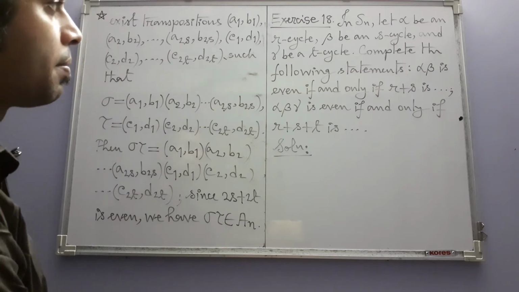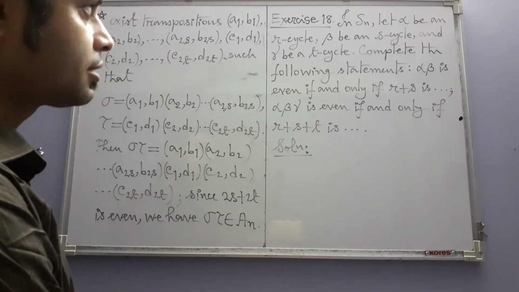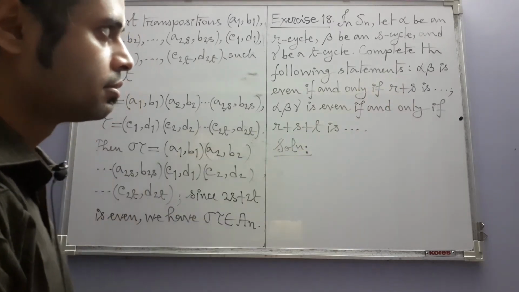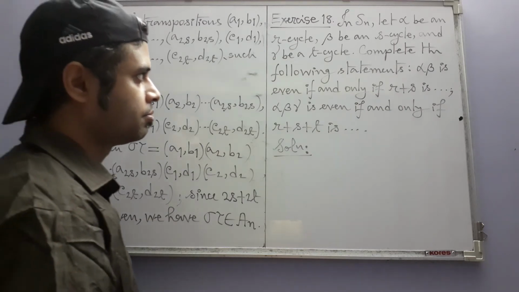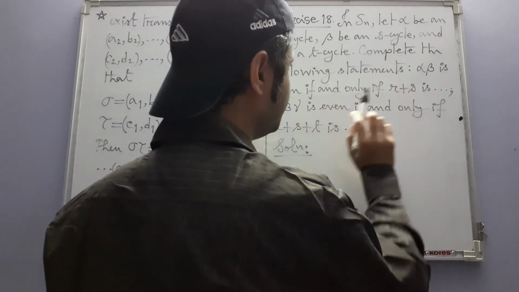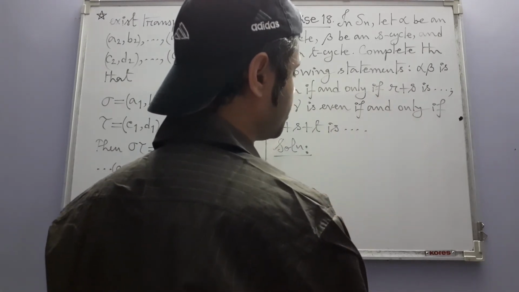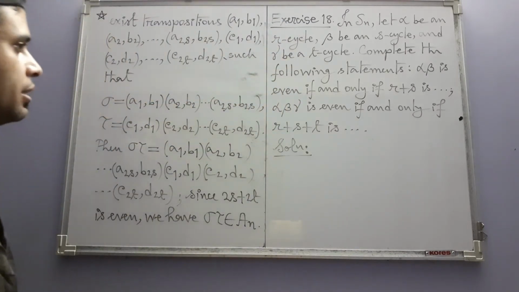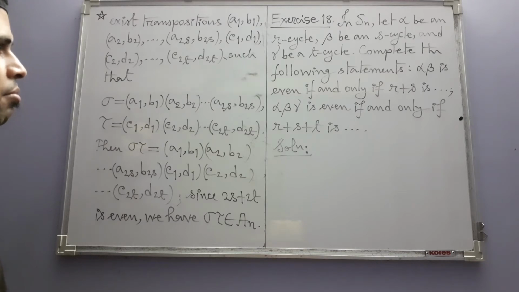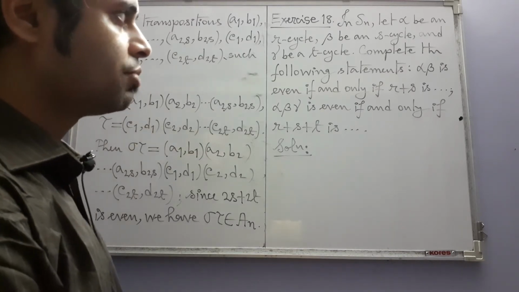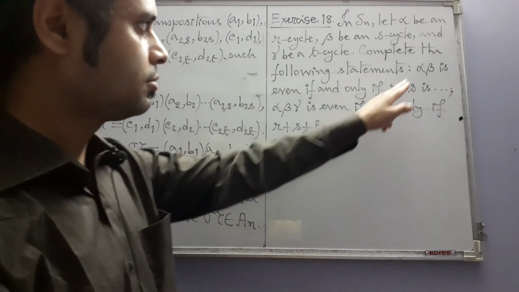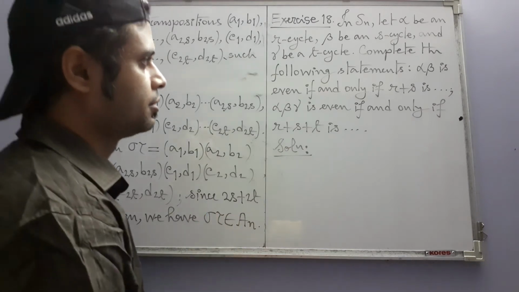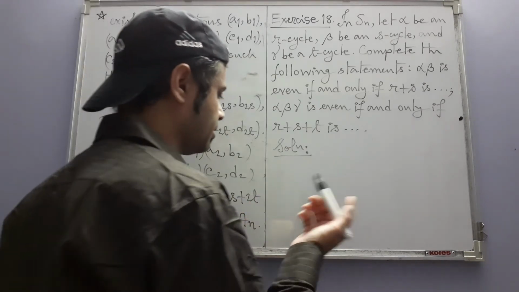Here we have an R cycle and an S cycle, I mean for the first one. So this is even if and only if... what will R plus S be, that we have to figure out. Because we have two cycles, alpha and beta, these are not arbitrary permutations, they are specifically cycles.